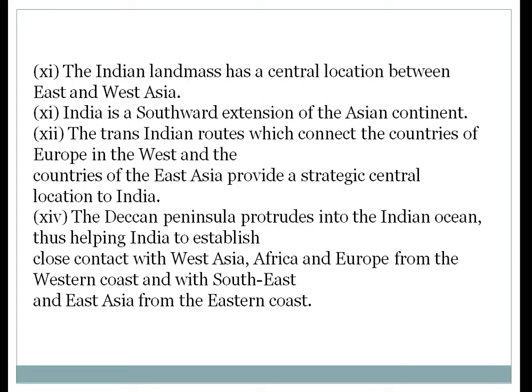The trans-Indian route, which connects the countries of Europe in the west and the countries of East Asia, provides a very good location for India, so we can have good trade, communication, and export and import. The Deccan Peninsula protrudes into the Indian Ocean, thus helping India to establish close contact with different parts of the world.